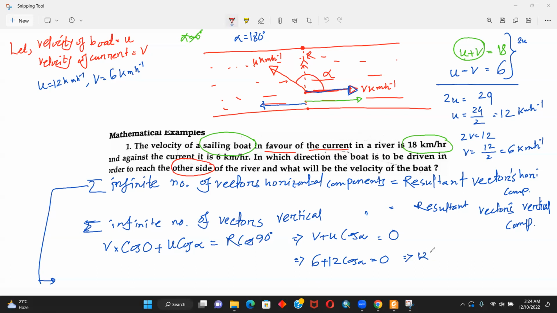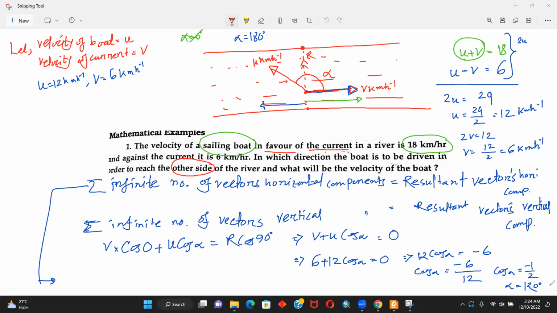Then 12 cosine alpha equals to minus 6. Then cosine alpha equals to minus 6 upon 12, so cosine alpha equals to minus half, right? So what is alpha? Alpha will be equal to 120 degrees.